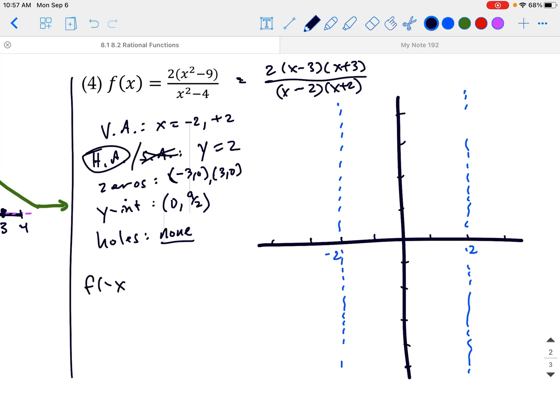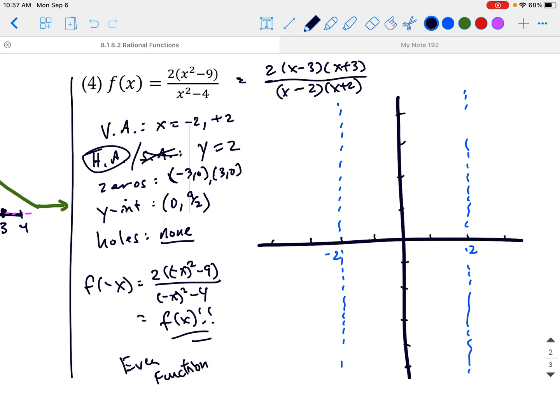Let's just do a quick check of our symmetry. f of -x is going to be 2 times (-x) squared minus 9 over (-x) squared minus 4. Obviously, the squares aren't going to change signs, so this equals f of x. So that means this is an even function. If we remember back from our review unit, even symmetry means we're going to have symmetry about the y-axis. So that means this is going to look the same on either side. So that's a good piece of information to have as well.